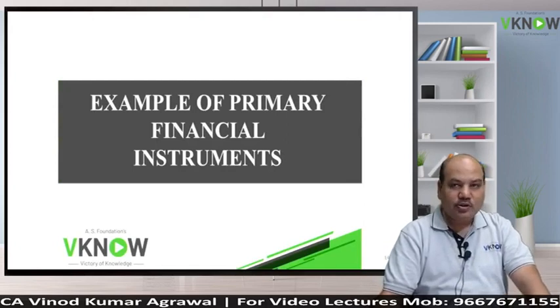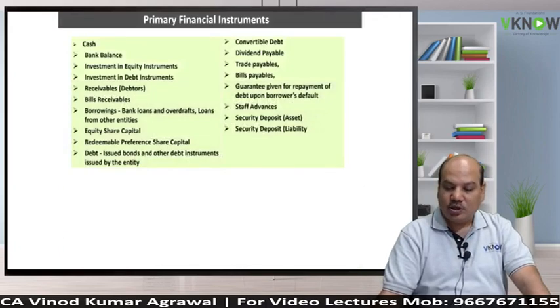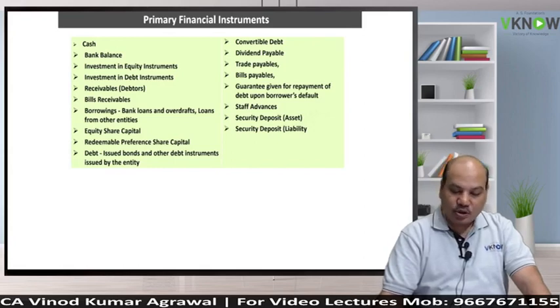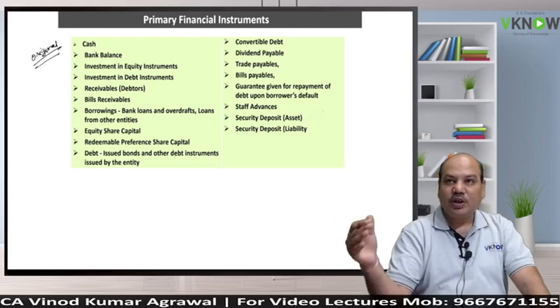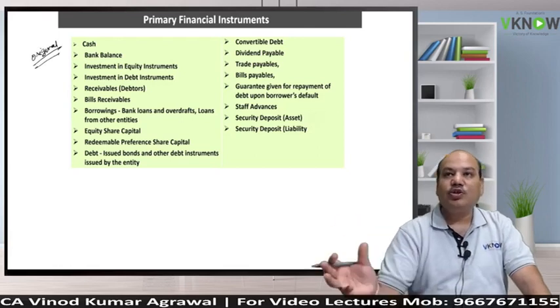Now, financial instrument can be of two types here. One which are called primary financial instrument, and the second is called derivative financial instrument. Okay. So primary means the original, and derivative means they derive their value from other instrument.